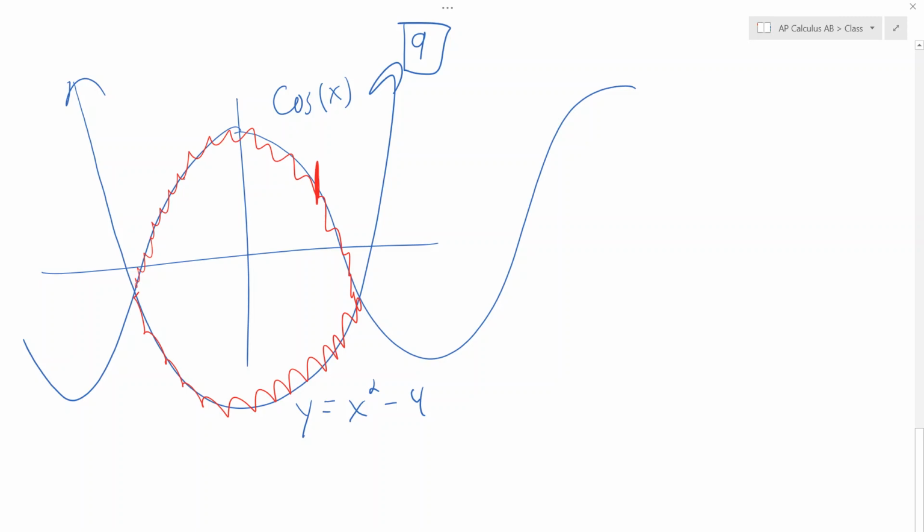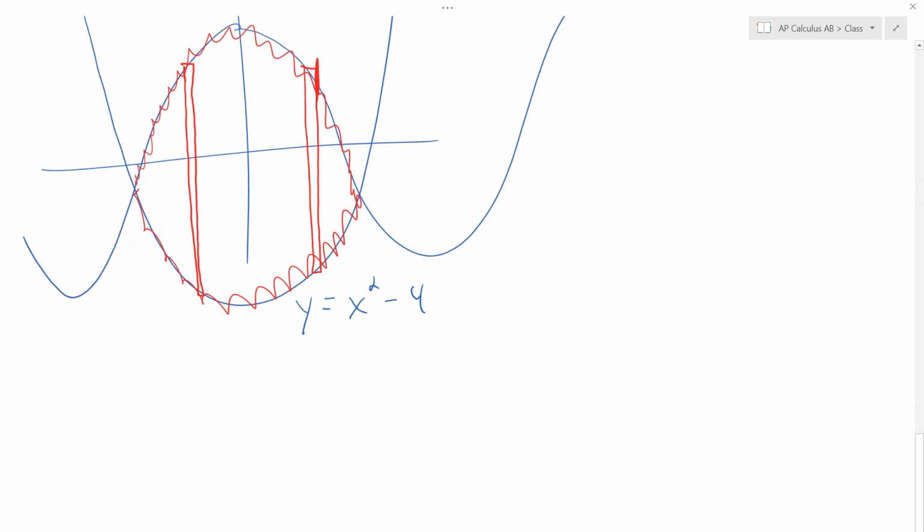Something we've got to pay attention to is that the top is always cosine, no matter where I draw it in here, and the bottom is always x squared minus 4. So every one of those rectangles has a height of (cosine x) minus (x squared minus 4). Notice the use of parentheses.